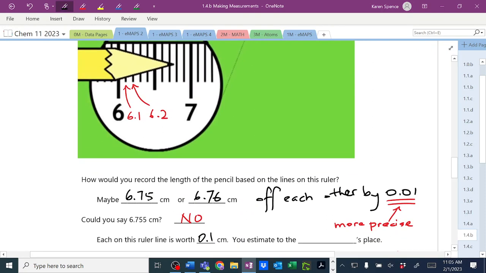And therefore you can estimate one more place value, the 0.01 place. So it measures tenths, so we can estimate the hundredths.